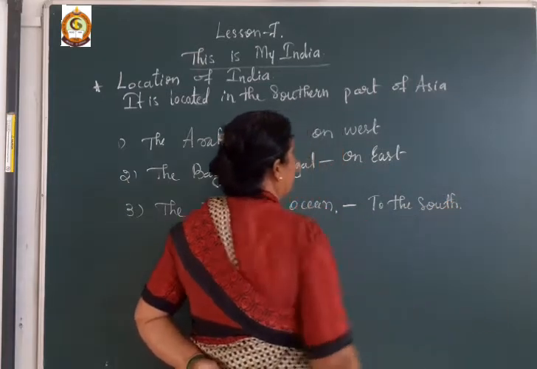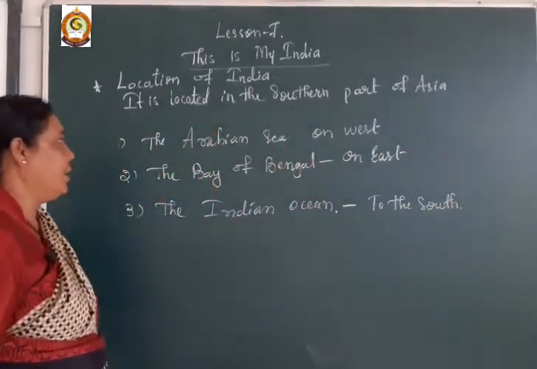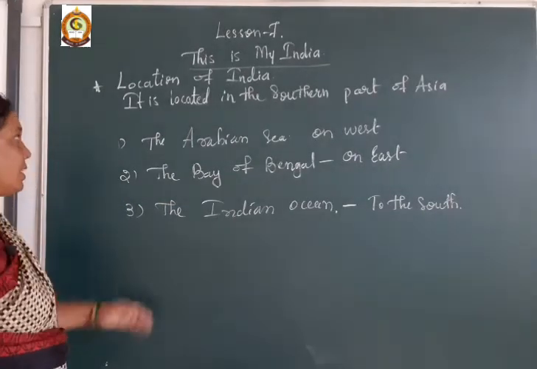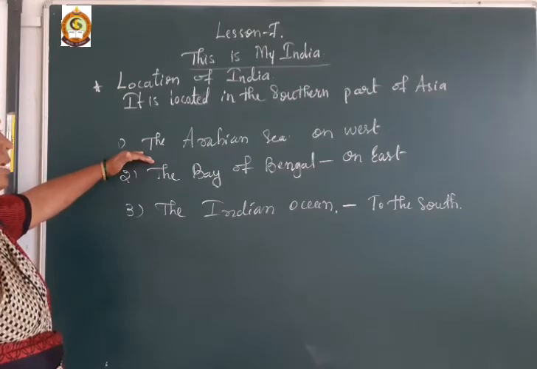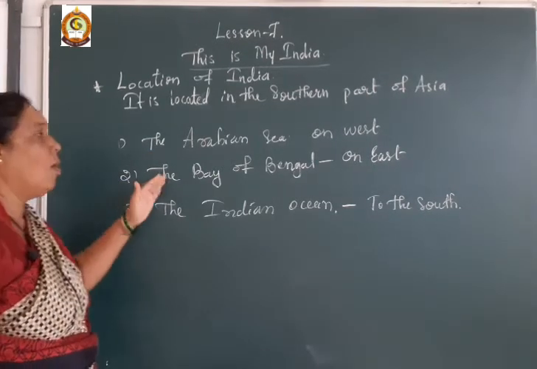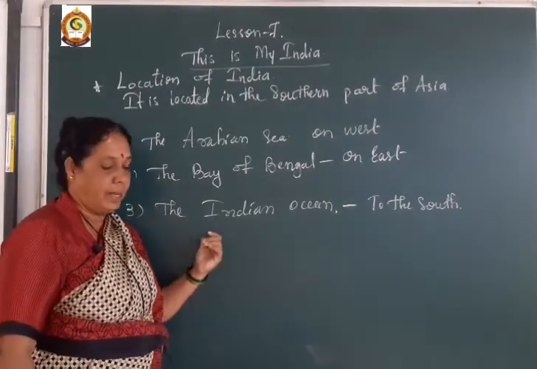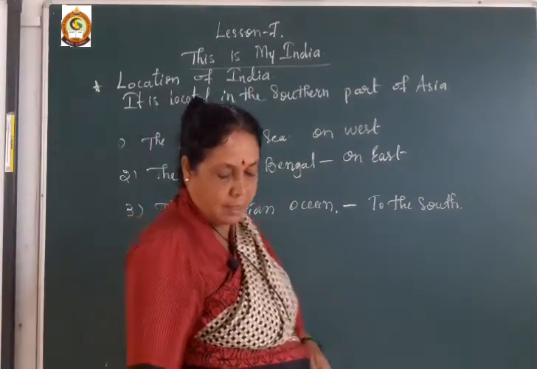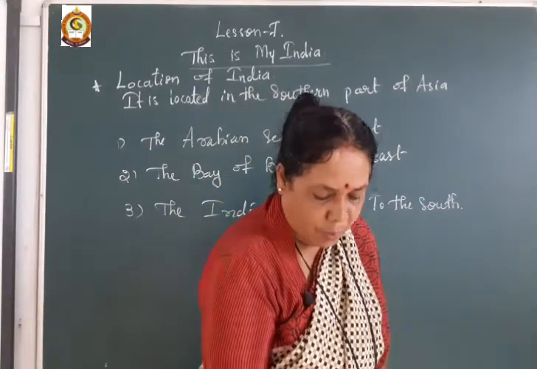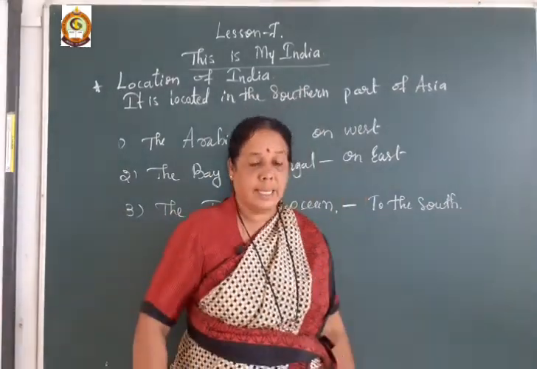Okay dear student, our country India is surrounded on 3 sides by big water bodies. The first one is the Arabian Sea, this is on the west, the Bay of Bengal on the east, and the Indian Ocean to the south. So in this way our country is surrounded by water on 3 sides.